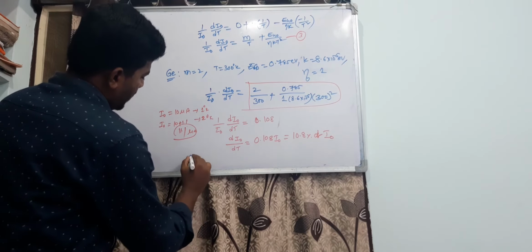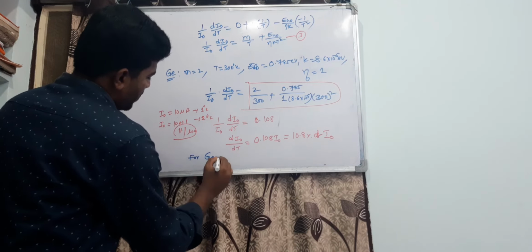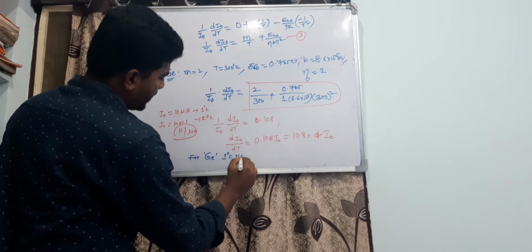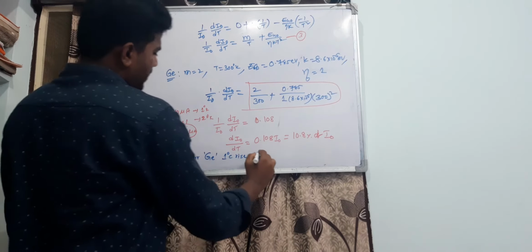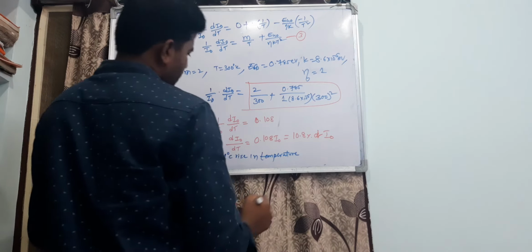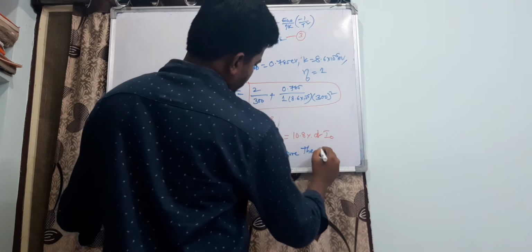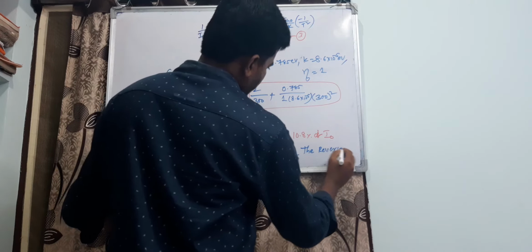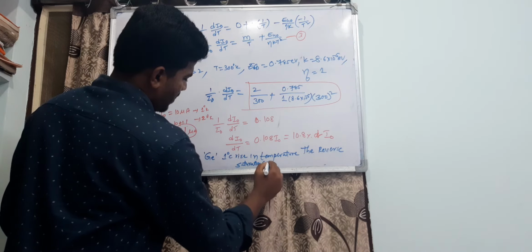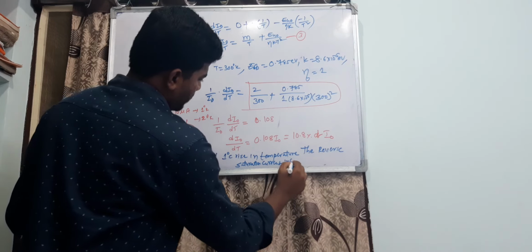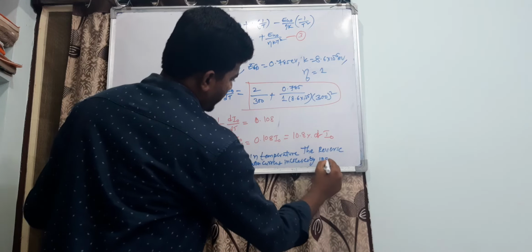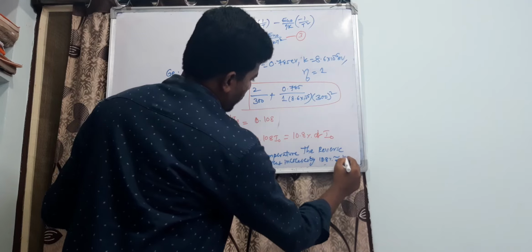So for germanium diode, 1 degree centigrade rise in temperature, the reverse saturation current increases by 10.8%, or approximately equals 11%.